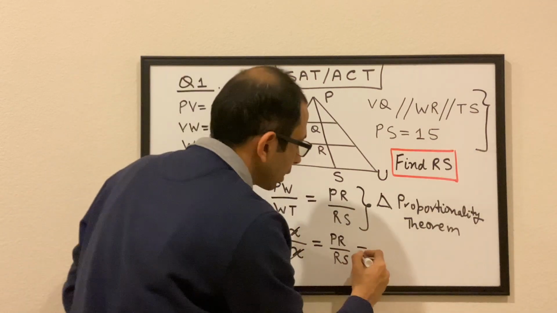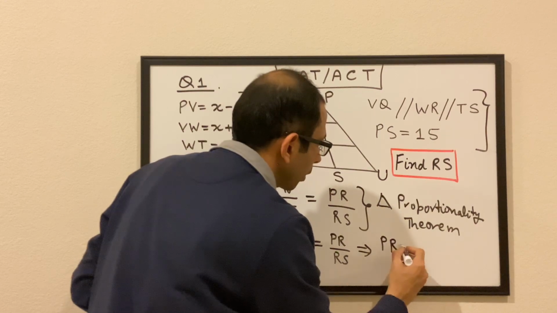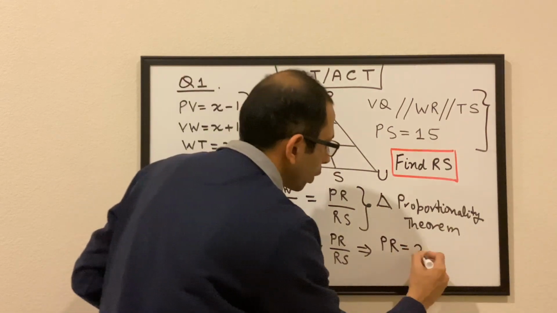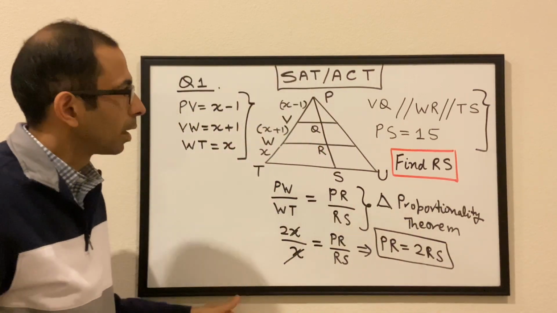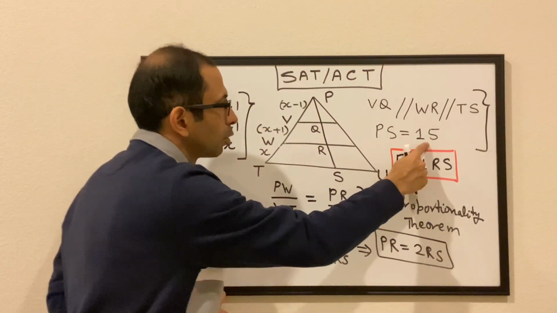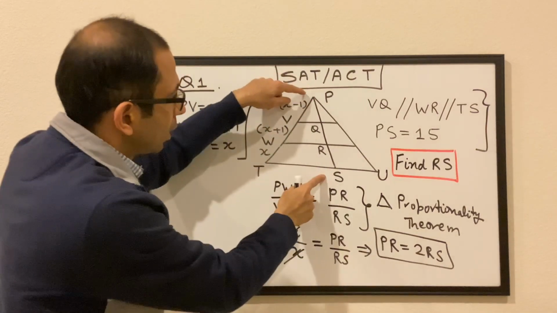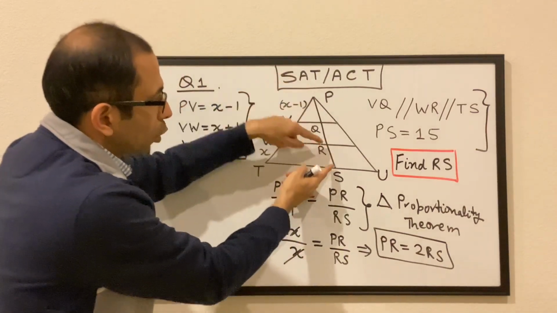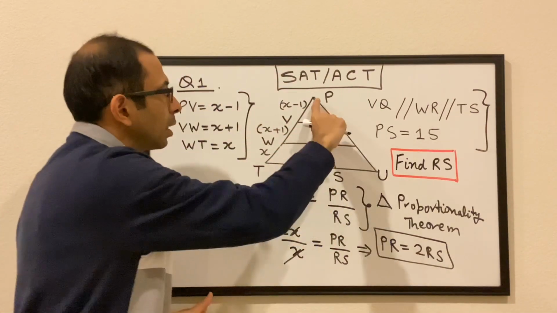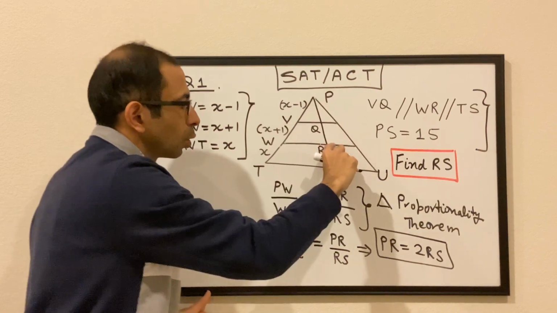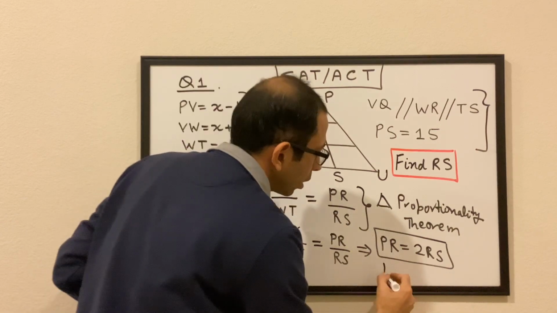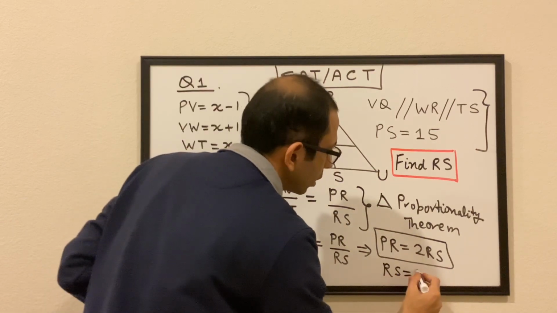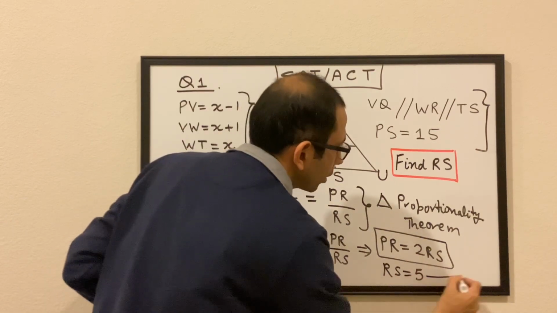So essentially we are saying that PR is equal to twice of RS, right? And we have been given that PS is 15. So if the whole length is 15 and this portion is twice of this, then obviously this portion is going to be 10 and this is going to be 5. So in other words, RS is equal to 5.